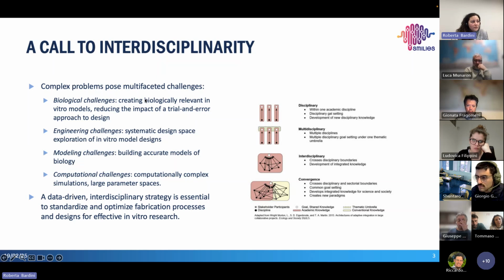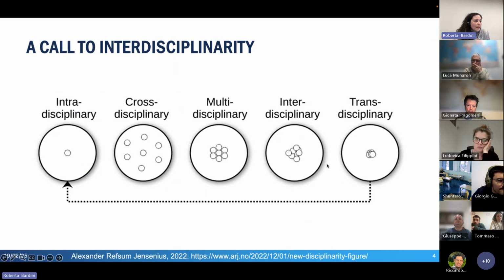And just to be specific in defining interdisciplinarity, this kind of effort, in my opinion, stays in the passage between multidisciplinarity, so the condition where multiple disciplines converge on shared objectives but work as separate endeavors, to interdisciplinarity, where the disciplinary boundaries are blurred, and one of the results of the project and the process, besides scientific results, is the creation, the shared development of an integrated knowledge and a shared understanding of the complex problem.